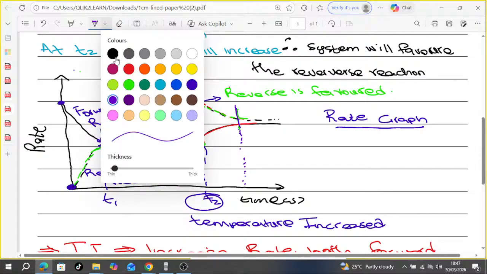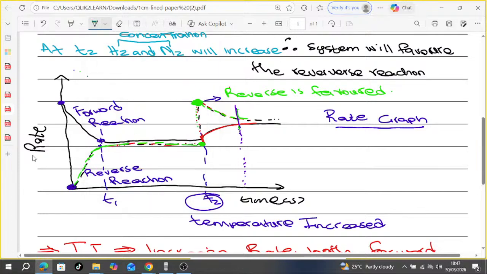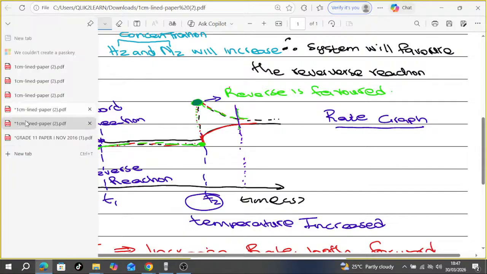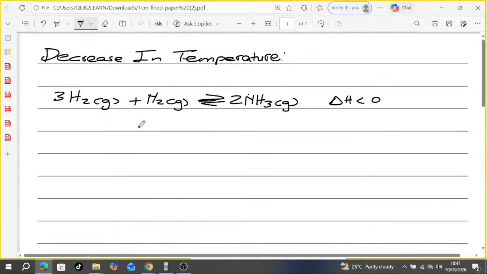On the rate graph, this is very important: whichever reaction is favored will always be on top. Whichever reaction that is favored will always be on top, okay? I'll kill you if you forget this one.